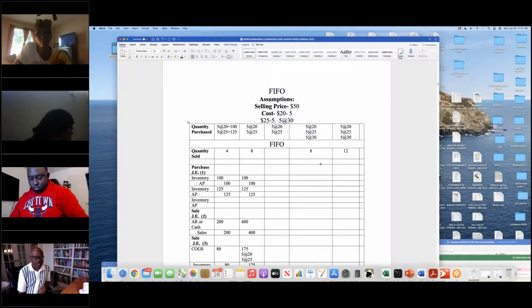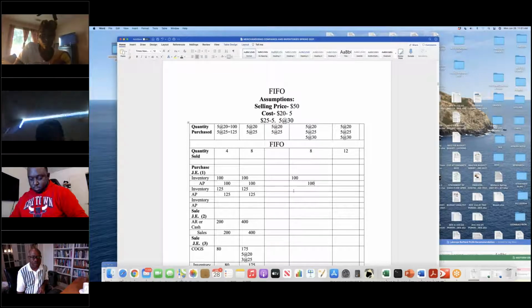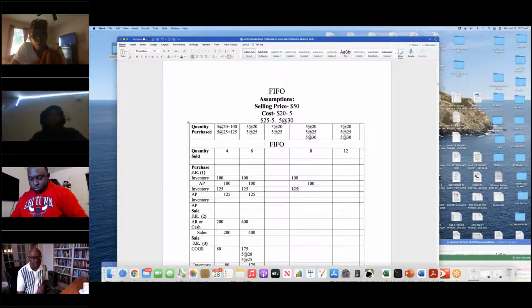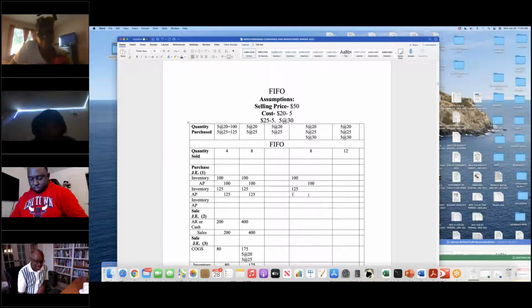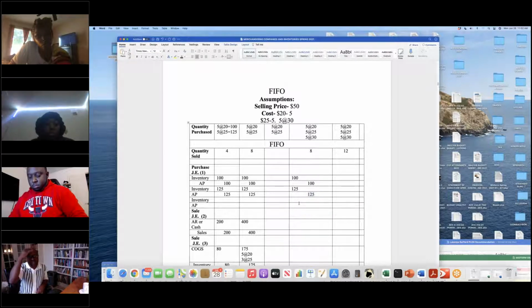So in our first situation, we bought 5 at 20, our 100. Then we bought 5 at what? 25. That's our 125. Then we had a final purchase. 5 times 30 would be what? 150.